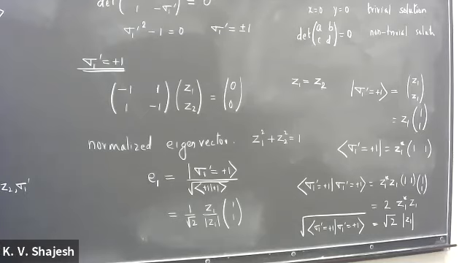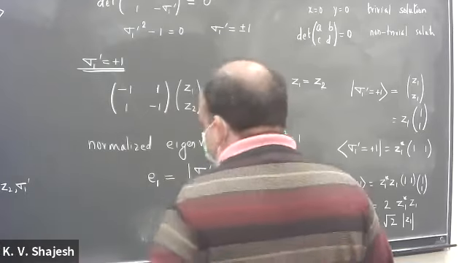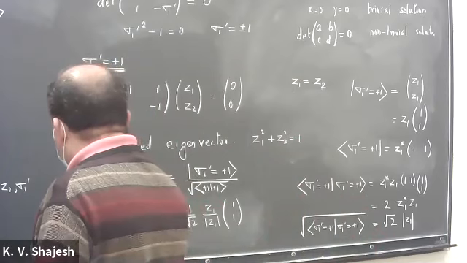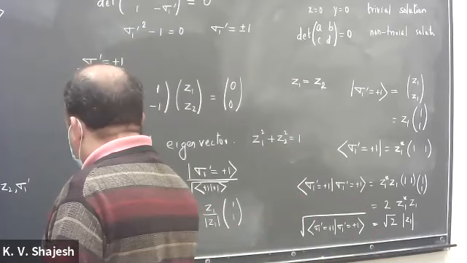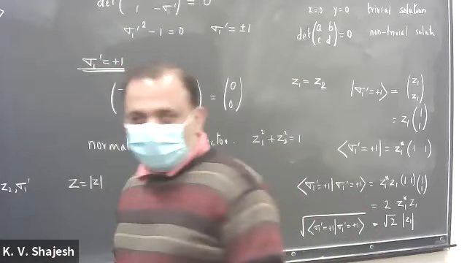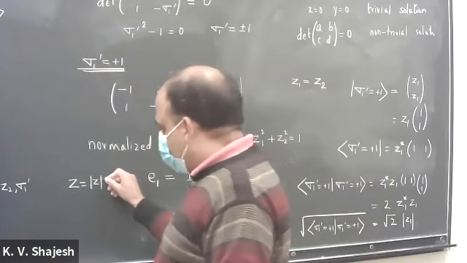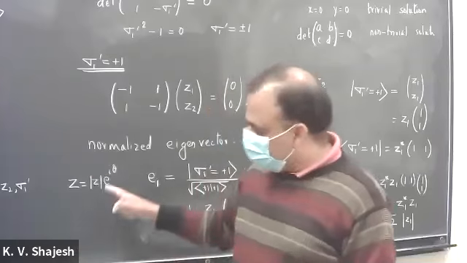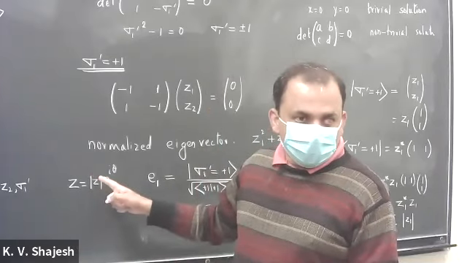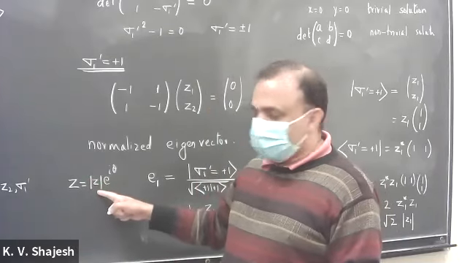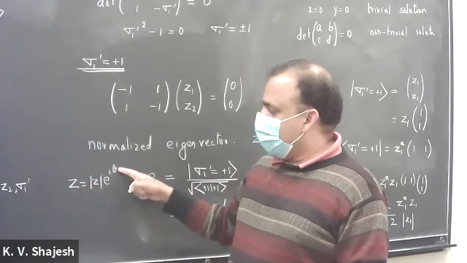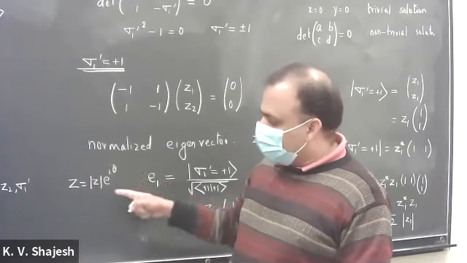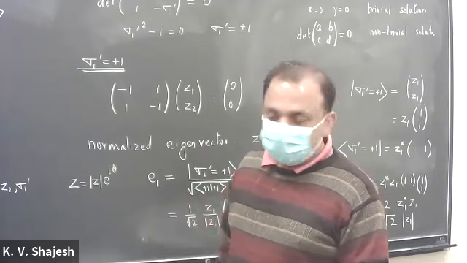Exponential of i theta, right? The idea is that if you have a complex number, you can write that as the magnitude of the complex number times a phase. So Z is the magnitude of Z times e raised to i theta.